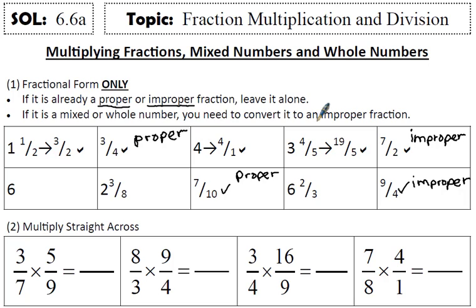If you have a mixed or whole number, you'll need to convert it to an improper fraction. You can't convert a proper fraction, so we're going to change this whole number, or 6 wholes. We have 6, and the denominator for a whole is going to be 1 because it's 1 whole, or in this case 6 wholes.